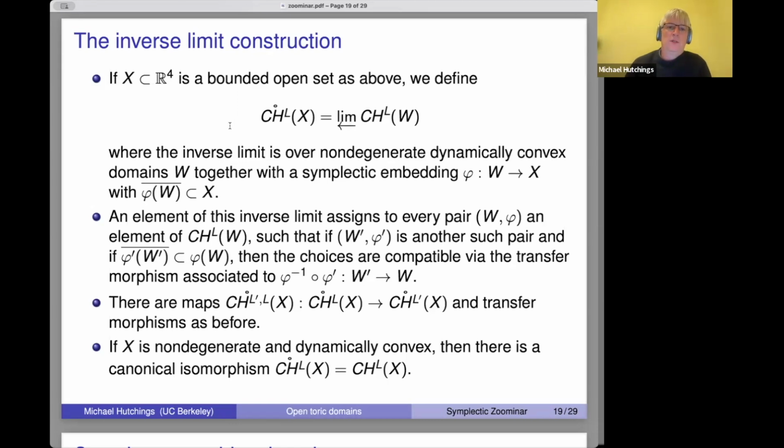And you can also show that you have persistence morphisms and transfer morphisms like you did before. You can do this for other kinds of contact homology too. You could do it for symplectic homology, you can do it for ECH, so it's a useful construction.